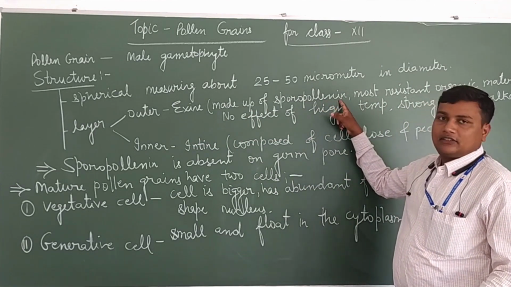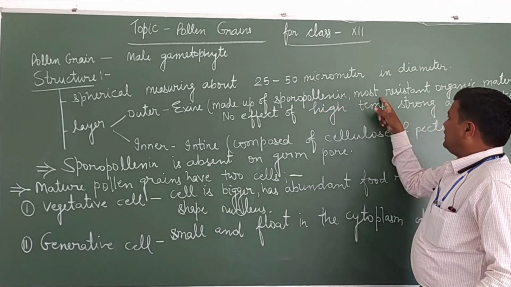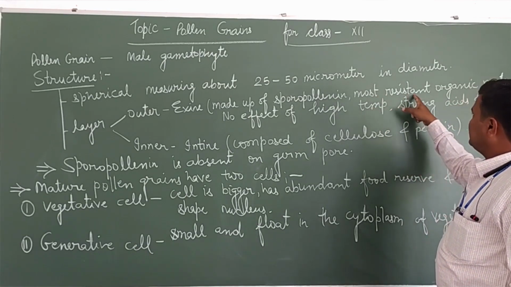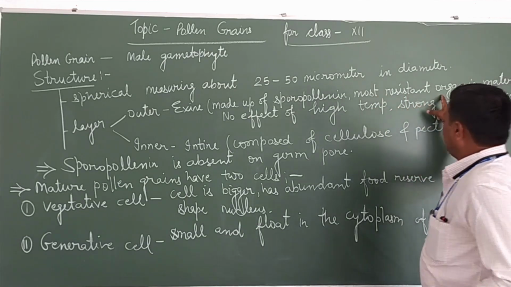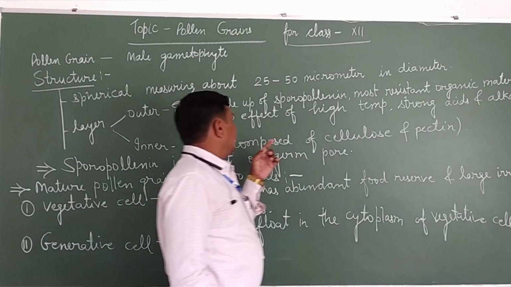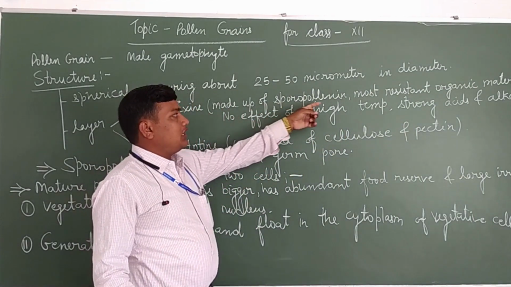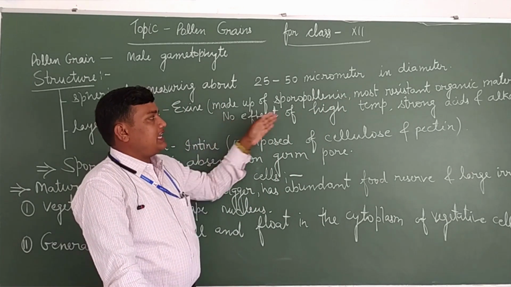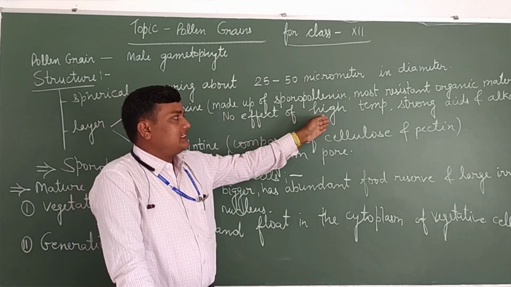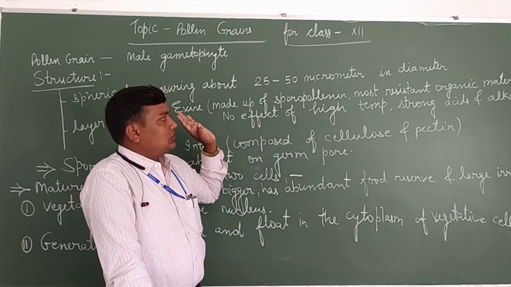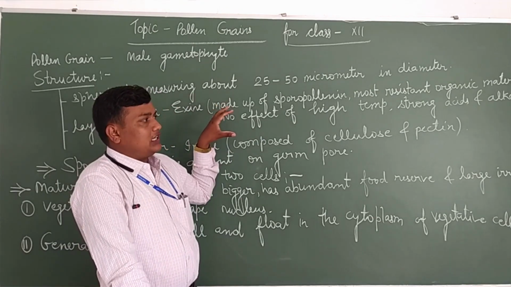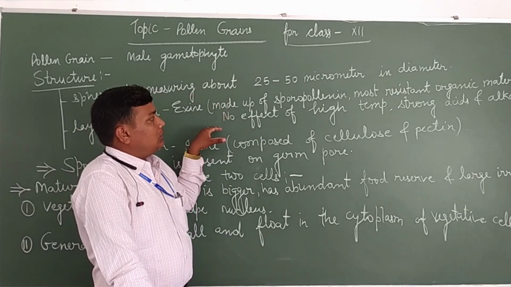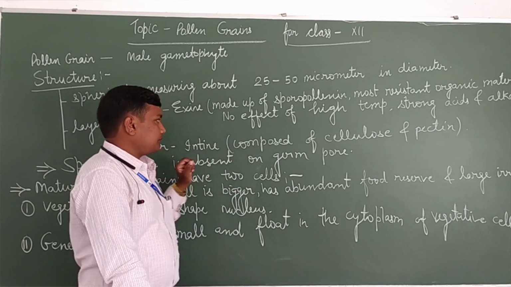Sporopollenin is a chemical substance and the most resistant organic material. High temperature, strong acids and alkali have no effect on it, so it protects the pollen grains for a long period of time.